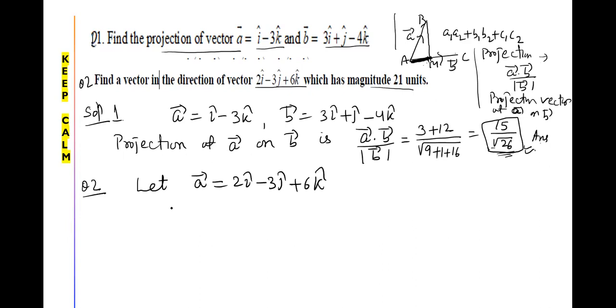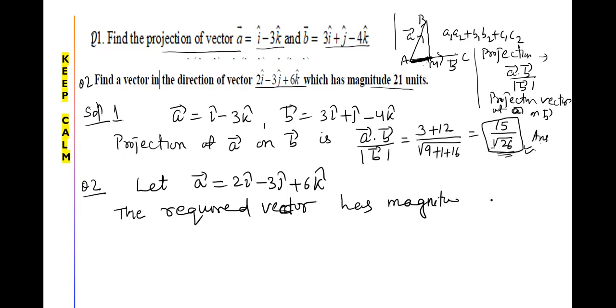The required vector has magnitude 21 units and direction along the vector A. So this gives us the direction of the required vector.